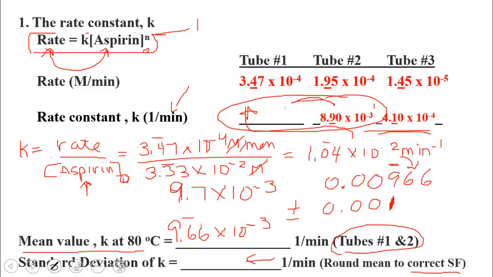And so here I would have to round up that 9, and my average k now would be 0.01. So please be aware of that, because we're rounding up the 9 to the next 1, and this would have to be my average. So we're rounding according to standard deviation. And remember, standard deviation only ever has one significant digit.